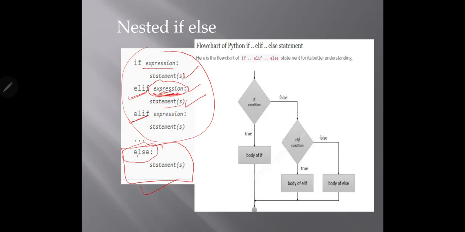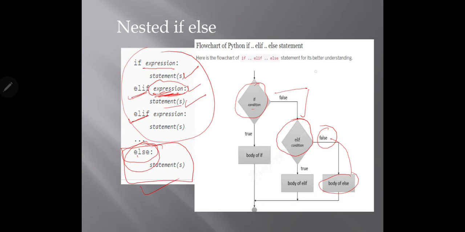Here we have the flowchart of this nested elif statement. You can see this is the diamond box, the conditional box. If this condition is false, then again we have this elif, and with the help of elif we can check a condition again. If this is false, we can go to the body of this else, this one.